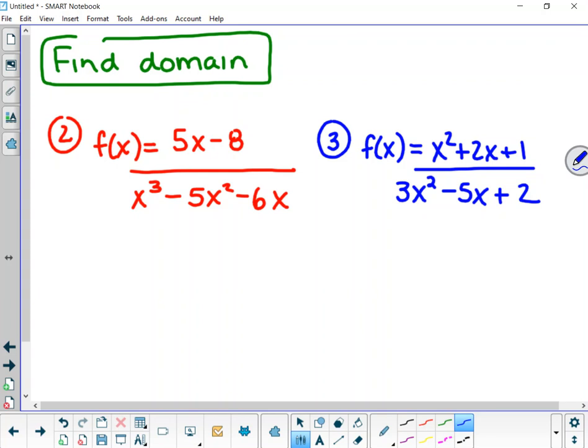And remember, that means finding the zeros of the denominator and letting those zeros describe how it's going to split up, what x values you're going to drop out.